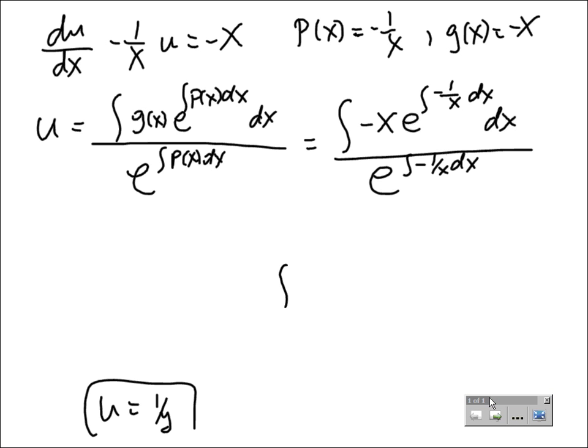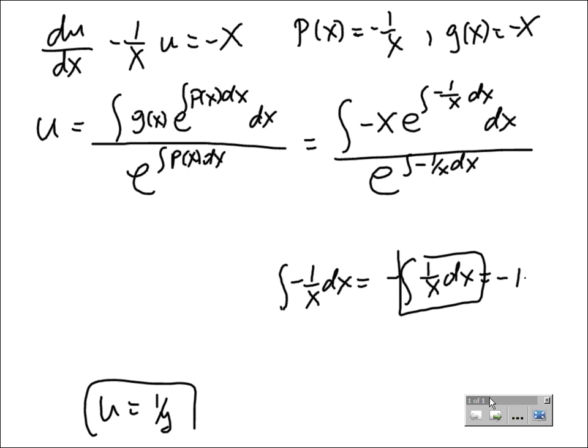We've done this a few times in the recent past. This negative sign can come out in front. You get 1 over x dx. There's the minus. But this integral is well known. It's ln of x. In fact, it's negative 1 times ln of x, which is ln of x to the negative 1, or ln of 1 over x.